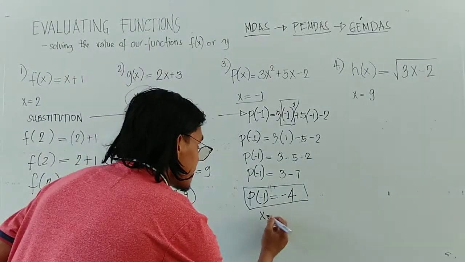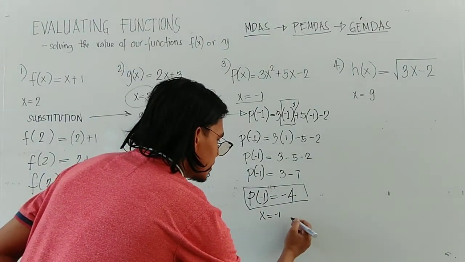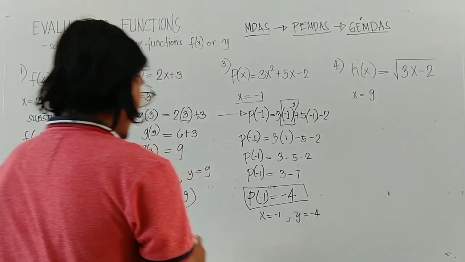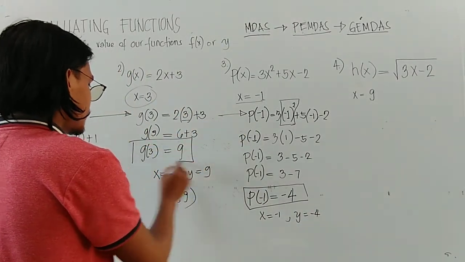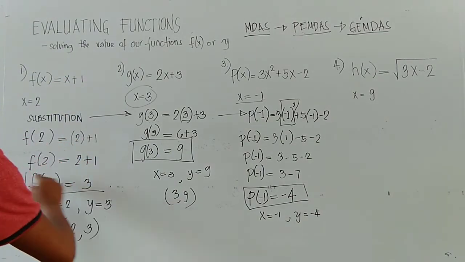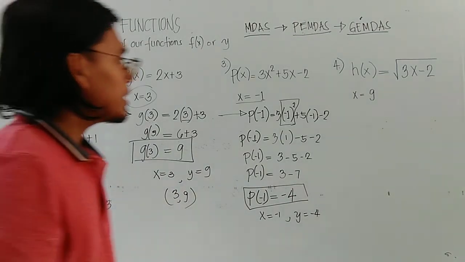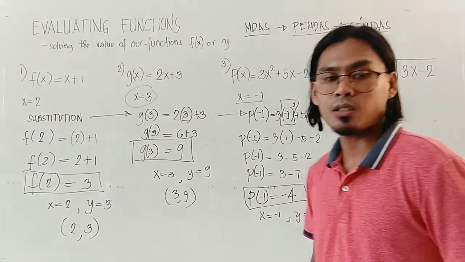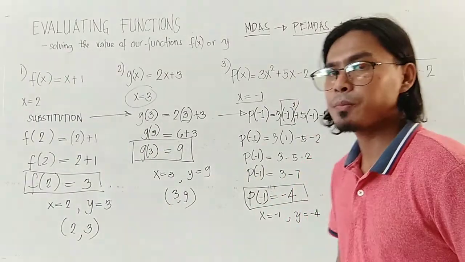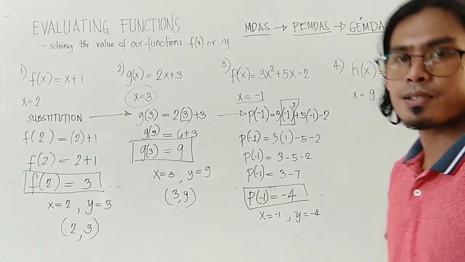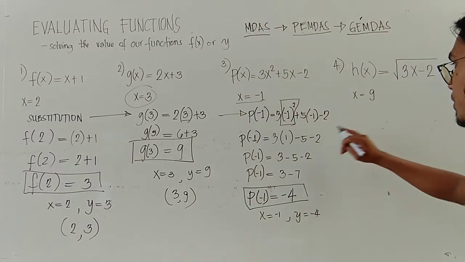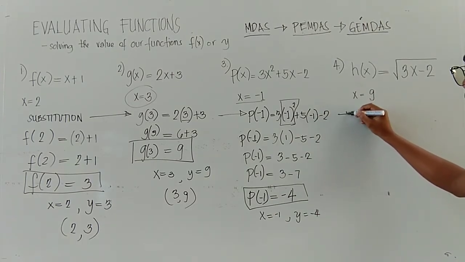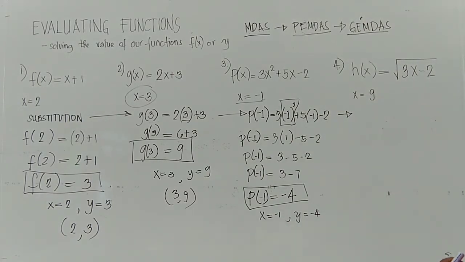So again, x is equal to negative 1 and your y is equal to negative 4. So again, we can say that the value of y depends on the value of x. Okay? Let us proceed to example number 4. So again, the first step is substitution.